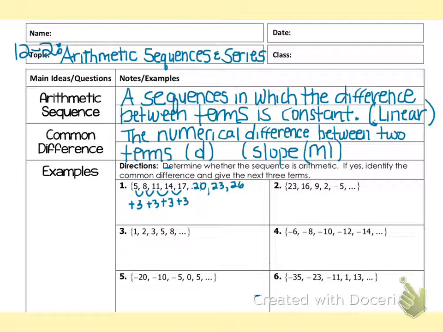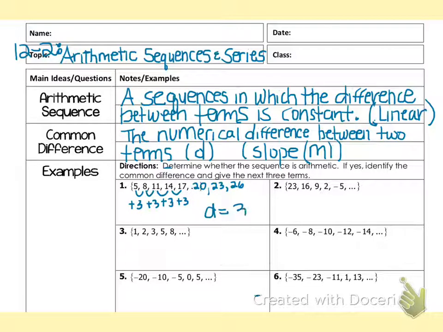So you really don't want to skip that step of checking to make sure that it continues throughout all of the terms that are given to you. So, looking at number 2, the first thing we want to do is look to see if there's a common difference. If so, then we can give what that common difference is and generate the next terms. Like on that first one, I would say the common difference is positive 3.